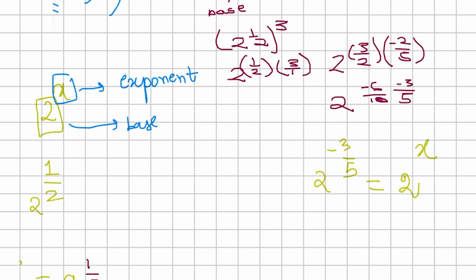So 5x plus 3 is, see, x is equal to negative 3 over 5.